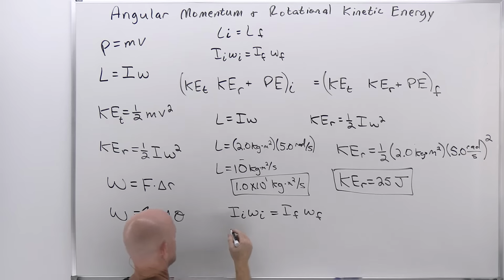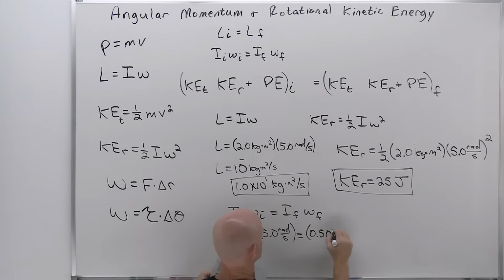And in this case, they changed their moment of inertia, and we can account for that here. So initial moment of inertia was 2.0 kilogram meter squared. Initial angular velocity, 5.0 radians per second. Final moment of inertia, 0.50 kilogram meter squared.